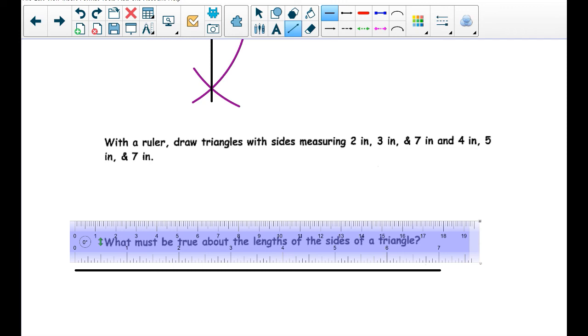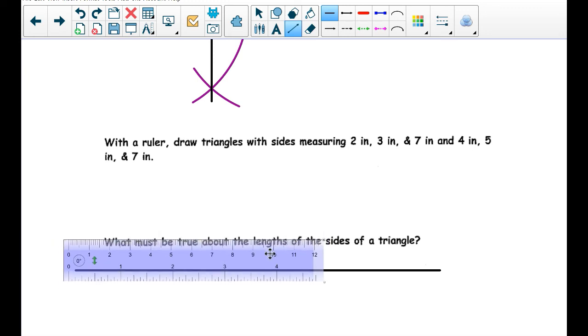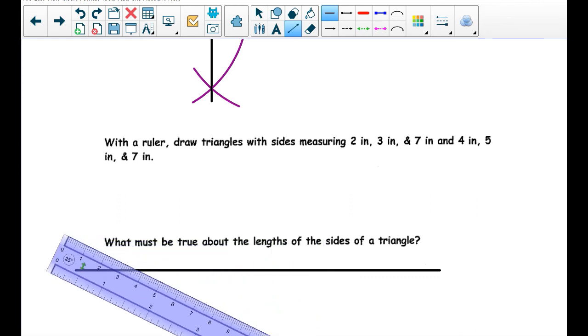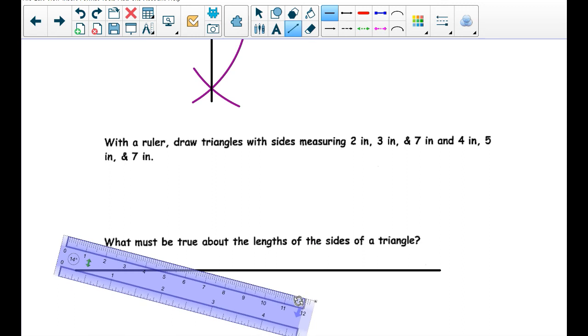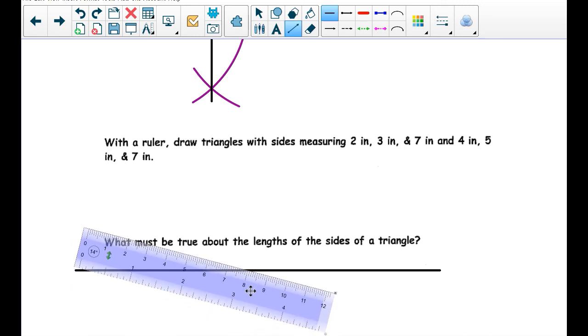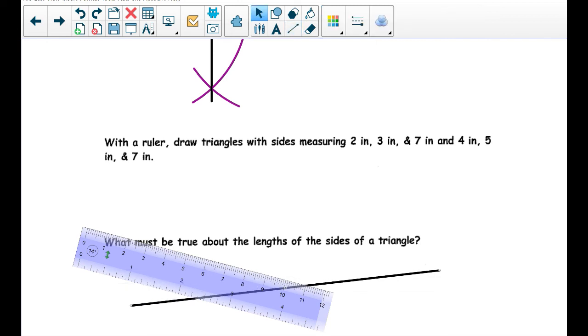And then I have 2 and 3. So I'm going to change my ruler here. Hopefully I can change it. So here's 3 inches.